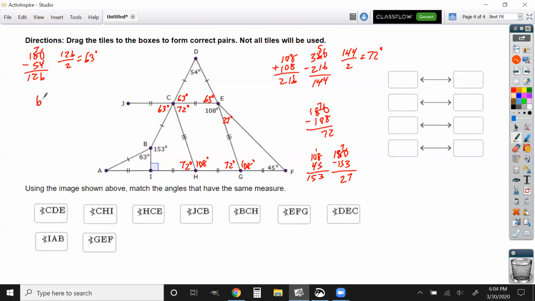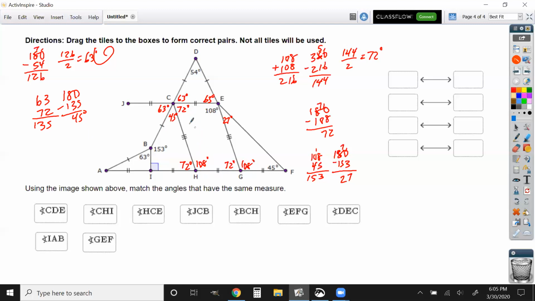So let's see, 63 and 72 is 135. 180 minus 135 is going to be 45 degrees. So this is 45. Doesn't look like 45, but I guess it is.